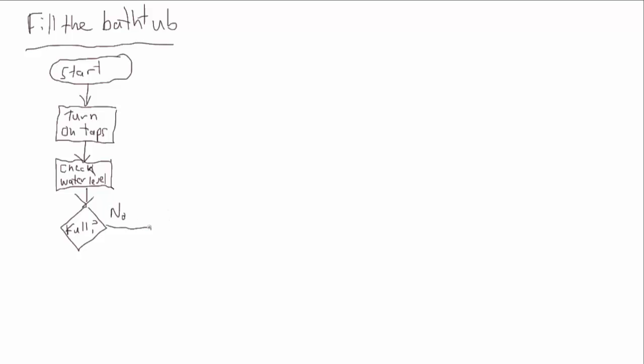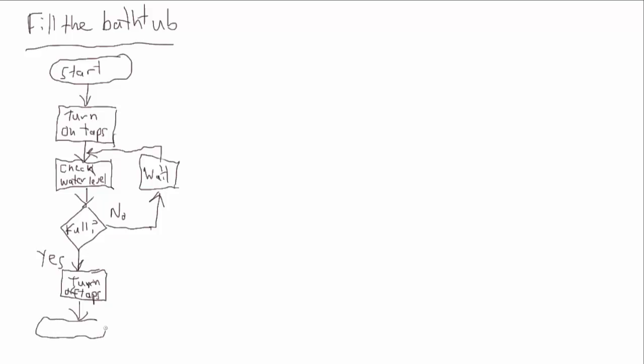If no, then we will wait and then go back into our process, check the water level again. Eventually, or maybe even the first time, we'll find that the water level is full, or the bath is full to the level we want. So we turn off the taps. And we end with another terminator.